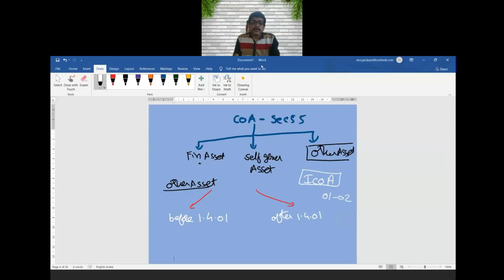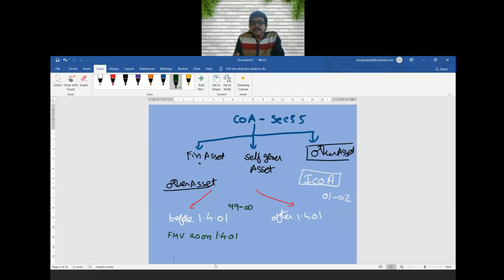Now let us focus on an asset acquired before 1st April 2001. Whenever you purchase any asset before 1st April 2001, let us see the consequences. There you need to see the fair market value as on 1st April 2001. Say suppose you had purchased that asset in 99-2000.